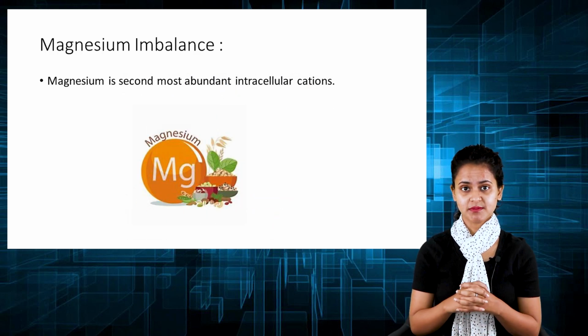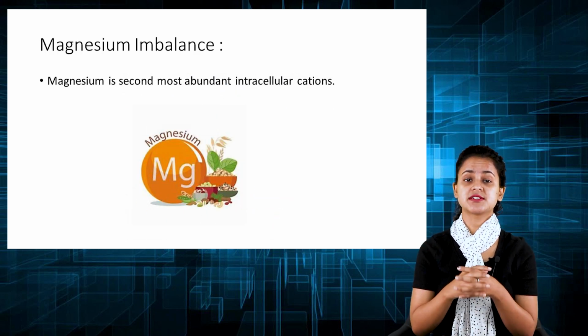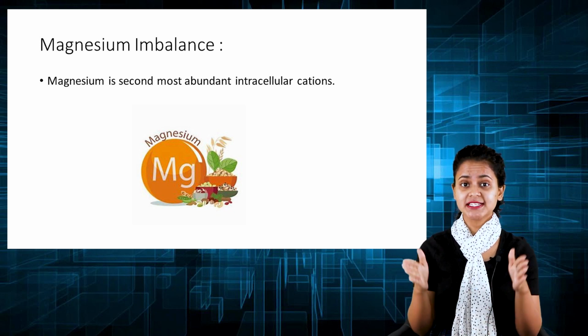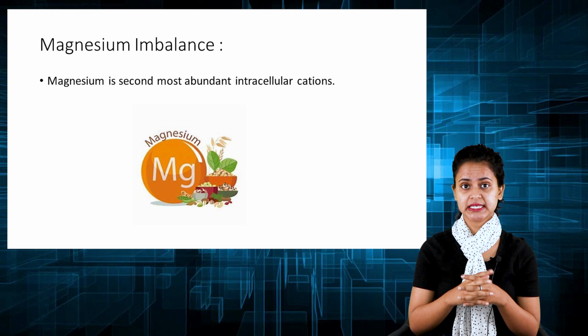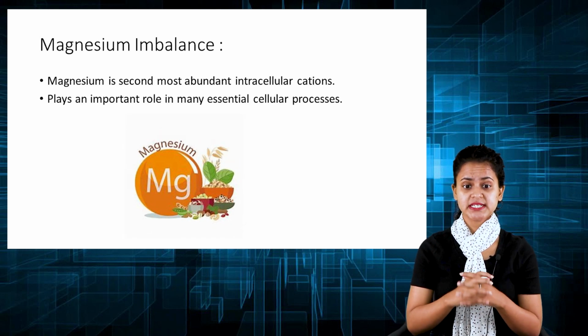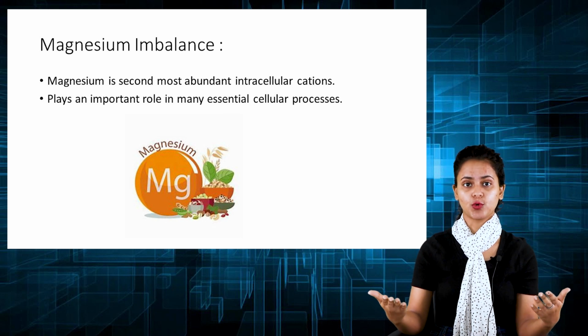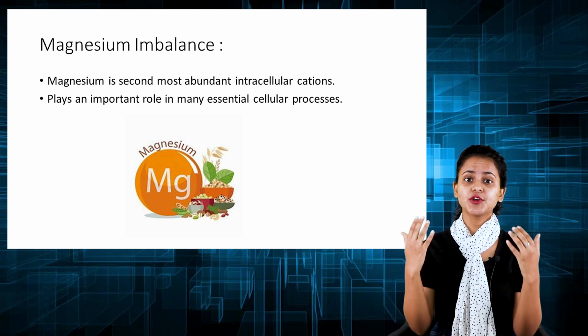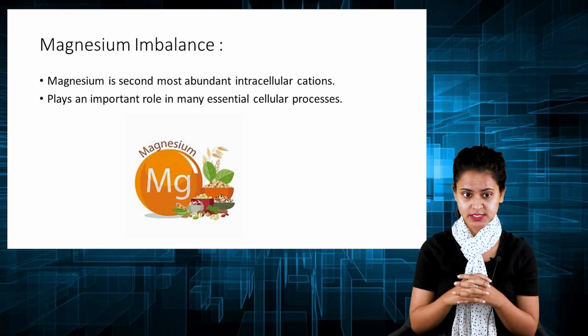So magnesium is the second most abundant intracellular cation. As we know, it is predominantly present in the intracellular spaces. So magnesium plays a very important, essential role to continue the cellular processes and the metabolism of it.